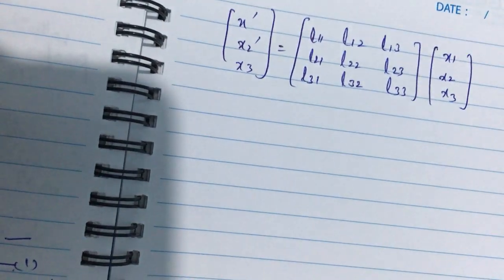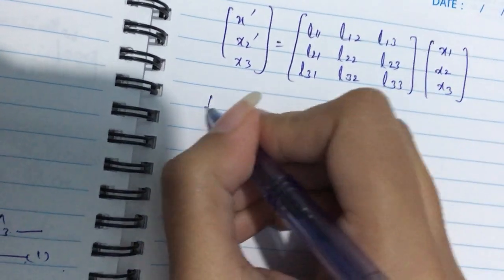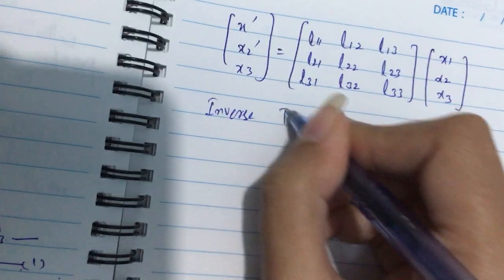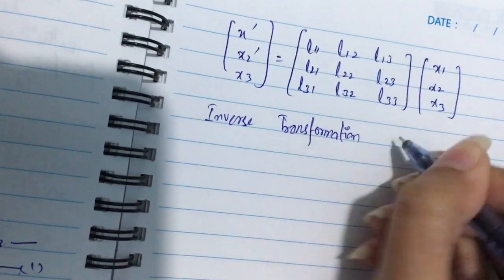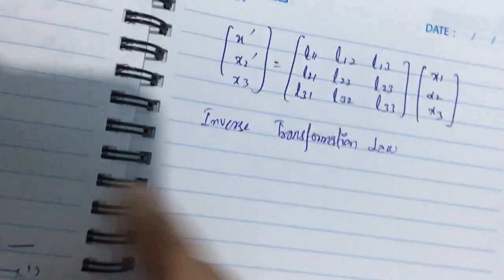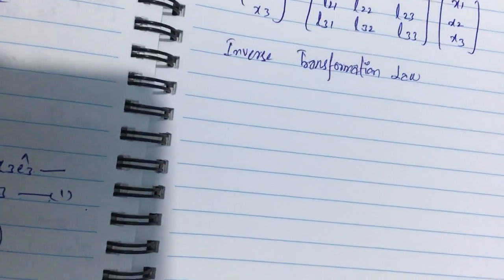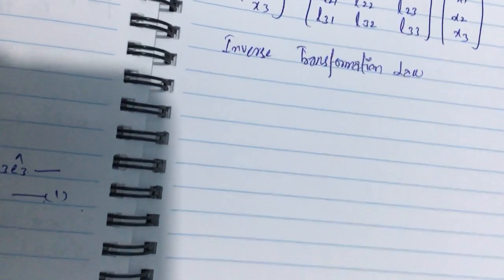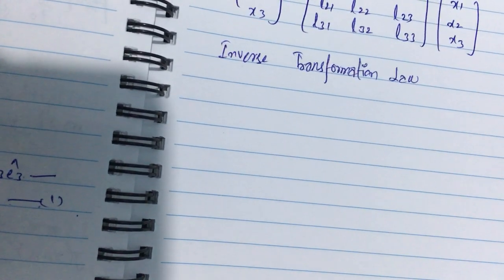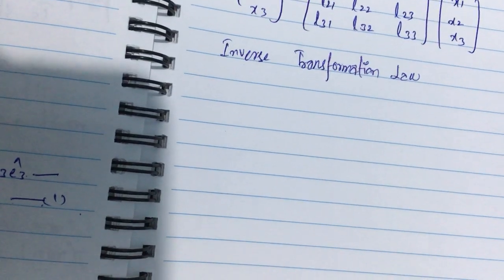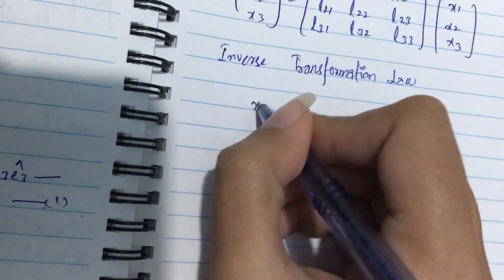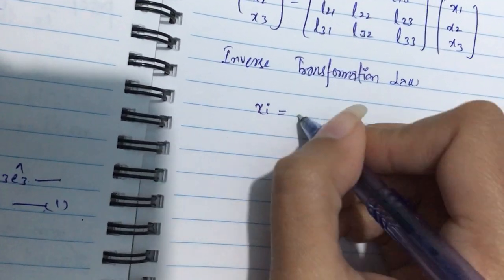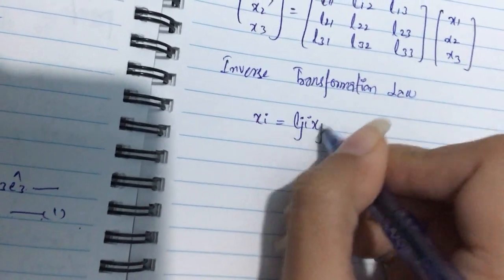Now further we have the inverse transformation law. The previous one is basically a transformation law. Now I'm going to find the inverse transformation law. That means I am going to find the transformation for the coordinates of the point P from the system K dash to the system K. So the equation for this, generally I can write as xi equals lji xj dash.